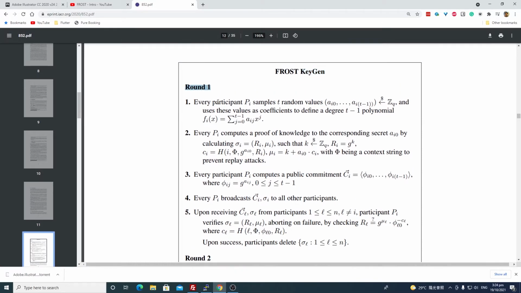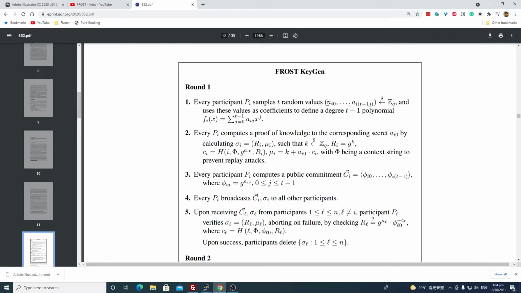Round 1, every participant Pi, so you are supposed to have n participants, and t is the threshold. So we generate t random values, and each participant generates these independently.